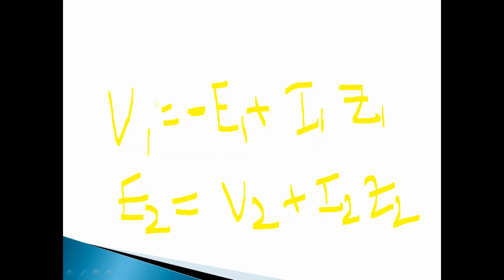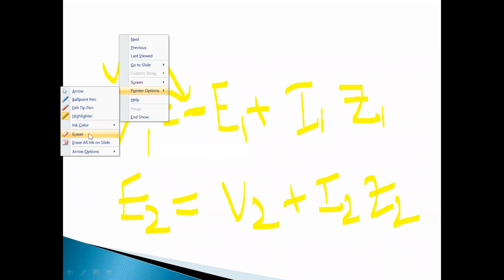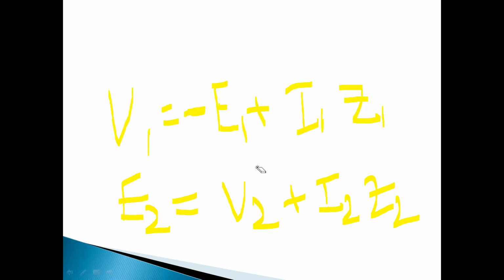So that is the difference. The negative sign indicates the induced EMF is opposite to the source. That's why we represent it with the minus sign. So these are the equations for primary and secondary.